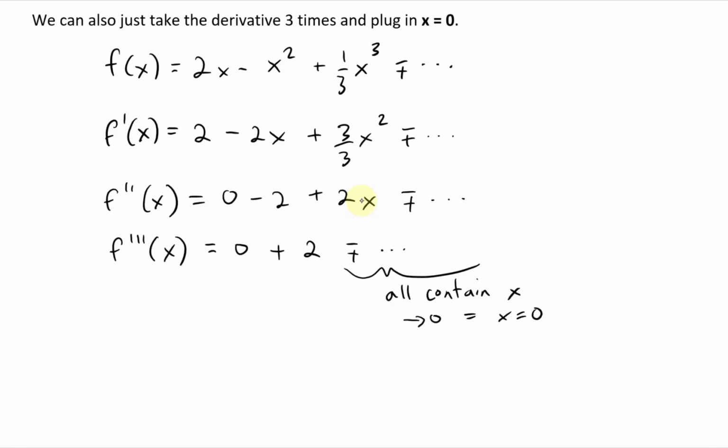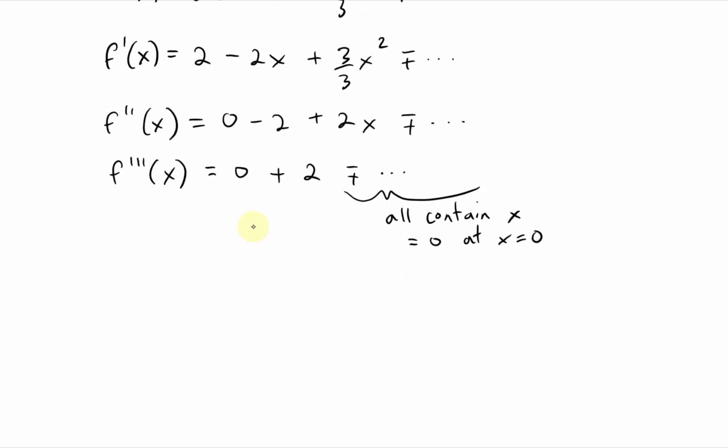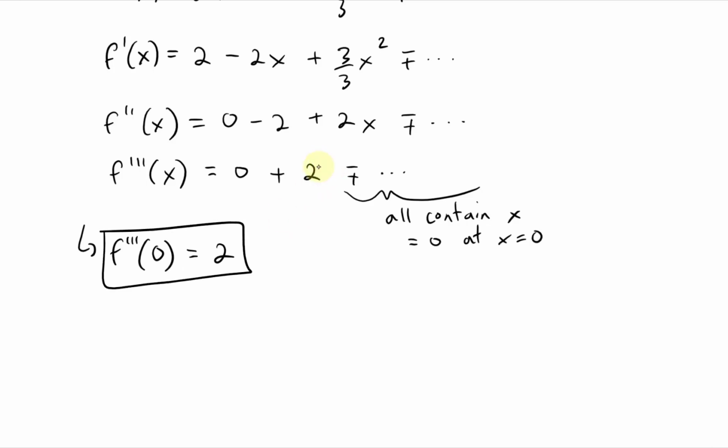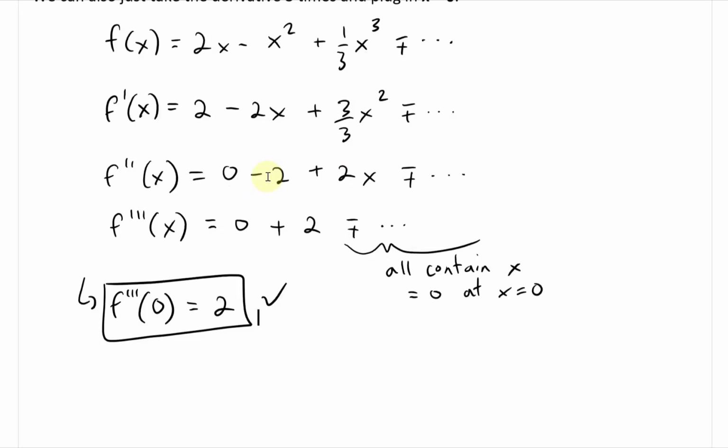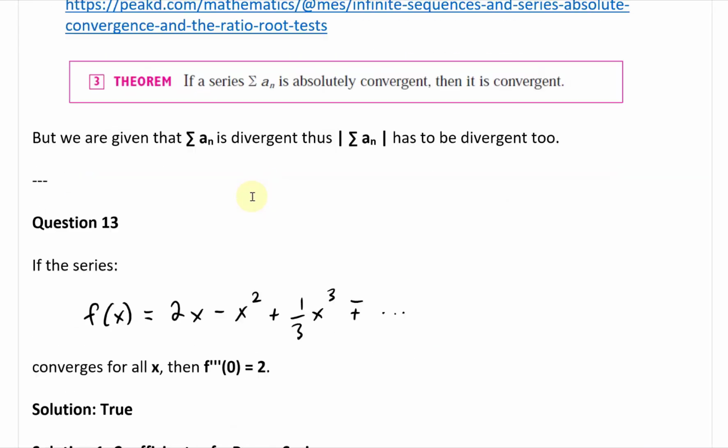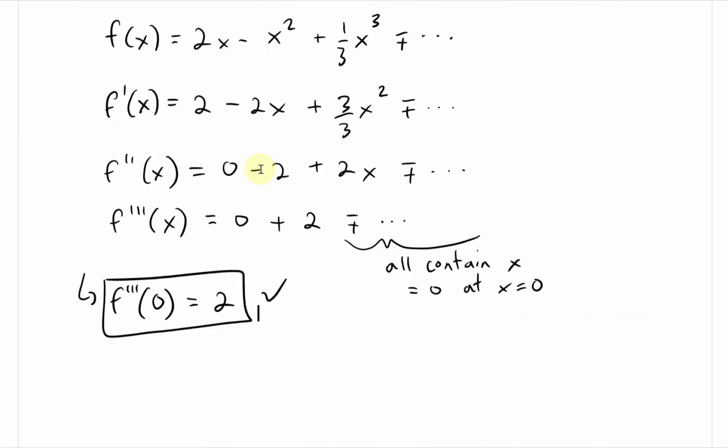And then this one equals 0 at x equals 0. So plug that inside. So we get f triple prime at x equals 0 equals, well, just 2, and everything else vanishes. And this is the same as what we were asked. So f triple prime of 0 is equal to 2. So the third derivative at 0.